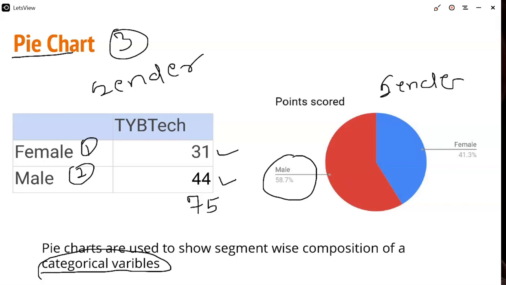Out of those 2 values, the proportion of male students is 58.7%, and the proportion of female students in my class is 41.3%. So the pie chart is used for a categorical variable, and it indicates the proportion of individual values for a given categorical or discrete variable.